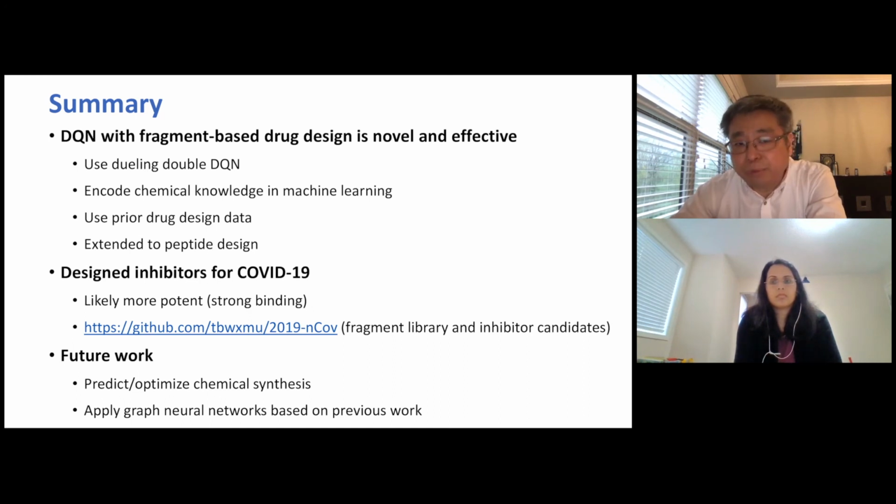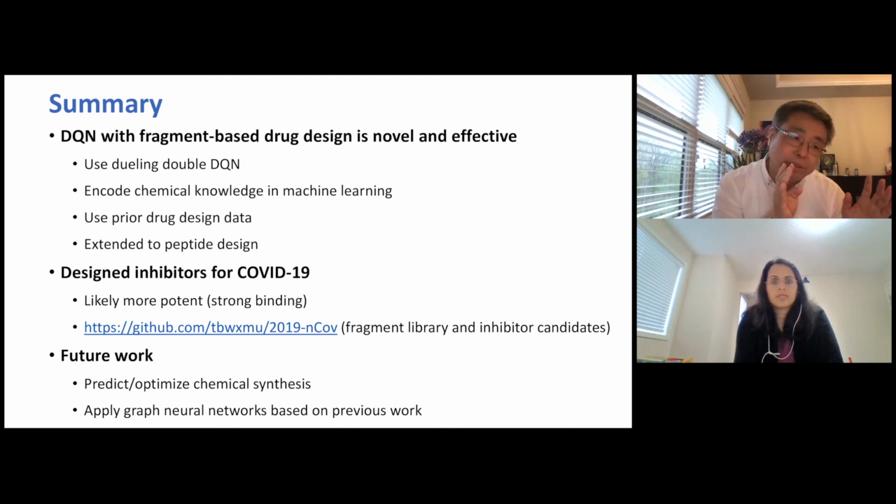So that's why we think if we find one good candidate, it doesn't require a cocktail approach. Potentially it could kill the virus very effectively. That's the difference I see between this virus and cancer.